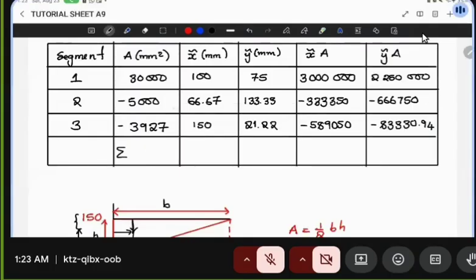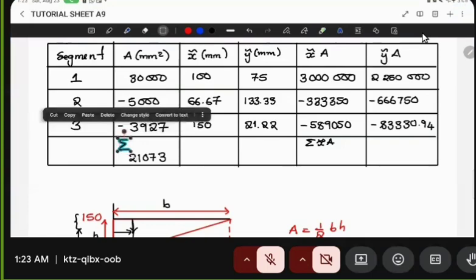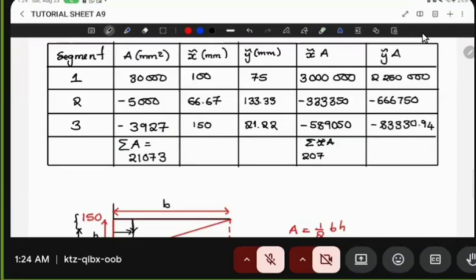Okay, now we get the sum. What do you get when you sum the areas? 21. And then we sum here: 2,077,600.